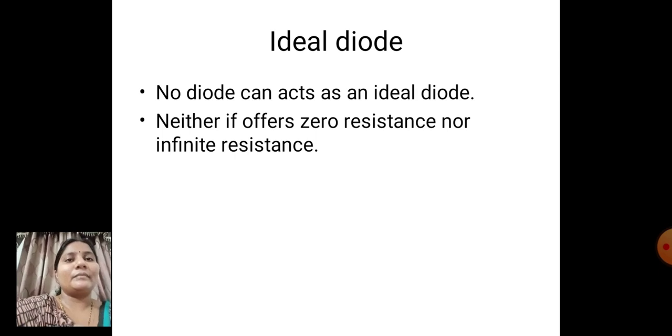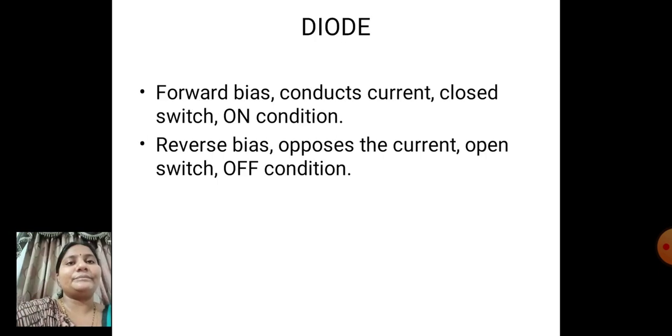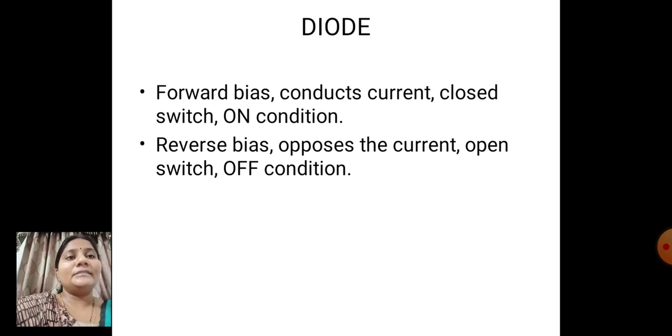In the forward bias condition the diode conducts current. When a device is conducting current, we can say that the resistance of the device is 0. And coming to the reverse bias, it opposes the current, so the resistance in the reverse bias is infinite.